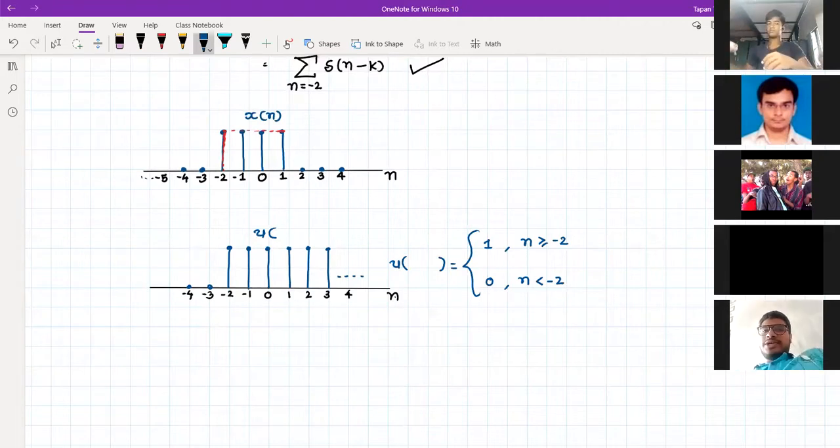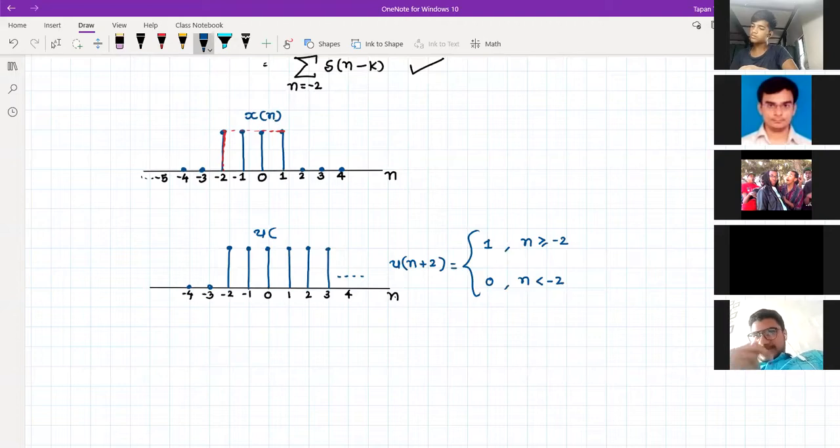It's u of t plus 2. It's not t, dear. First of all, it is n. It's a discrete time, and in discrete time always keep in mind that you should write the independent variable as n. So it is u of n plus 2.